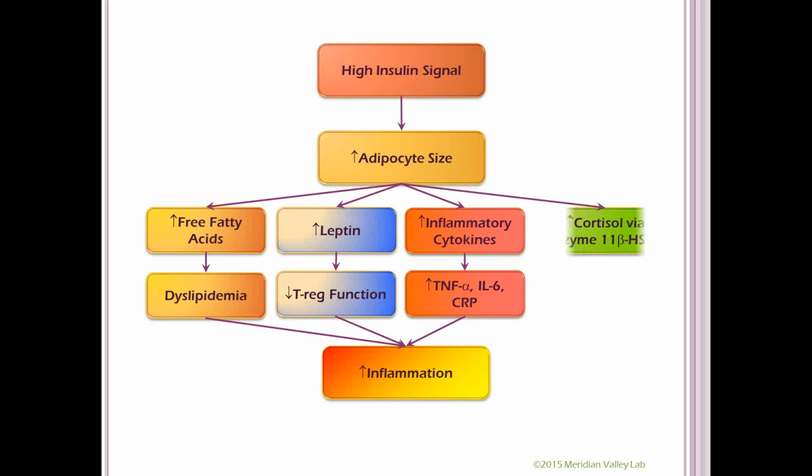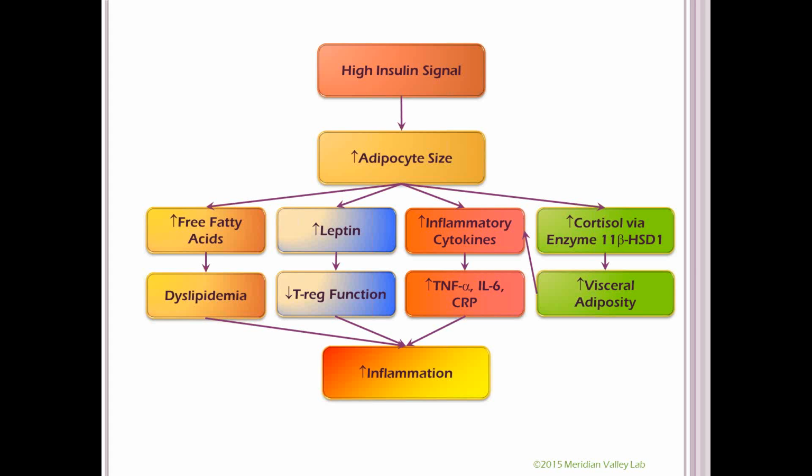And then finally, I hinted at this earlier, the more adipocytes we have, the more body fat mass, the more we're going to make cortisol from an extra adrenal source. And it happens with this enzyme called 11-beta HSD1. And this is something that if you have looked at our 24-hour urine hormone panels here at Meridian Valley Lab, you're very familiar with already.